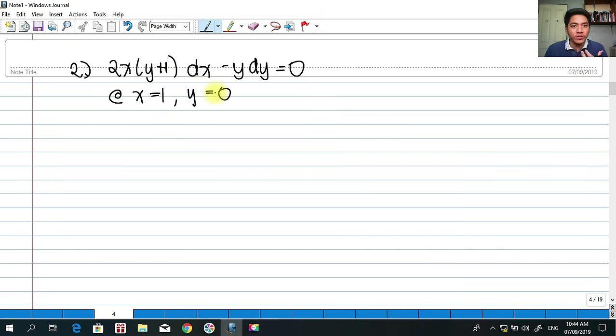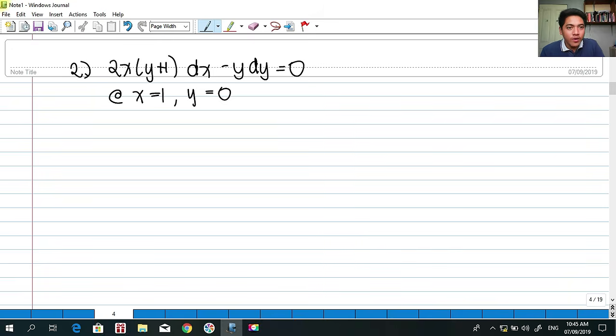If we have a condition, then we should be able to come up with the general solution of the DE, as well as the particular solution. In the previous example, we didn't have any conditions, so we only got the general solution. But here we have the condition x = 1 and y = 0, so we can get the particular solution.